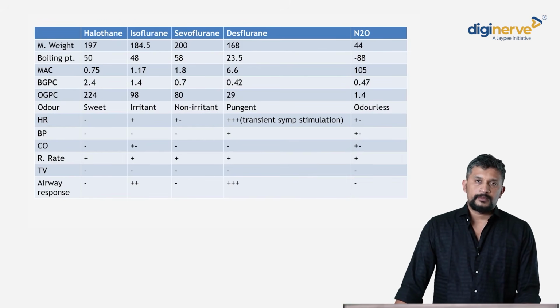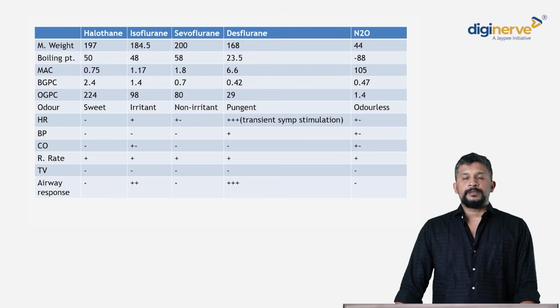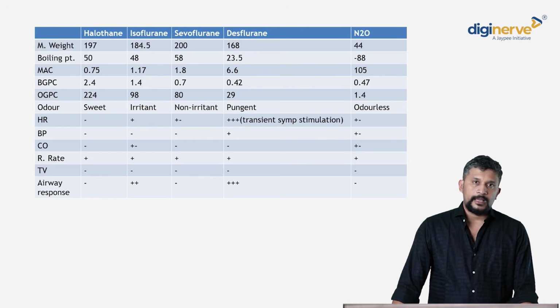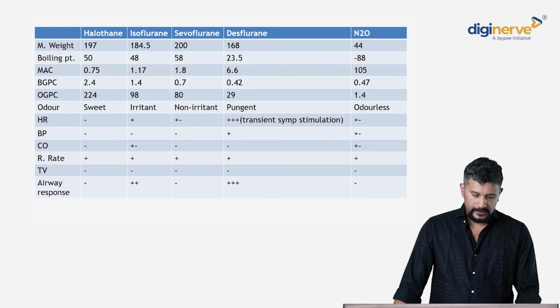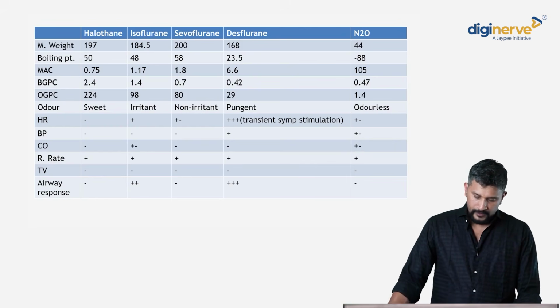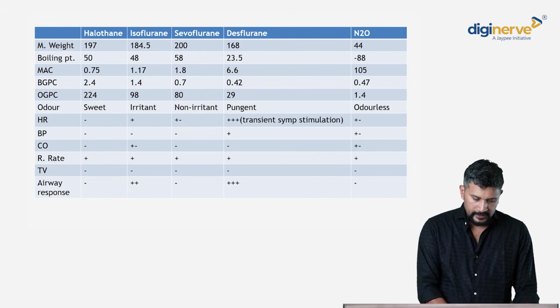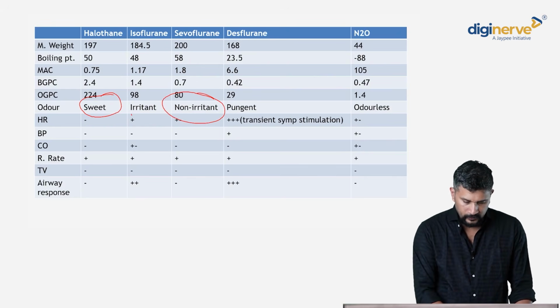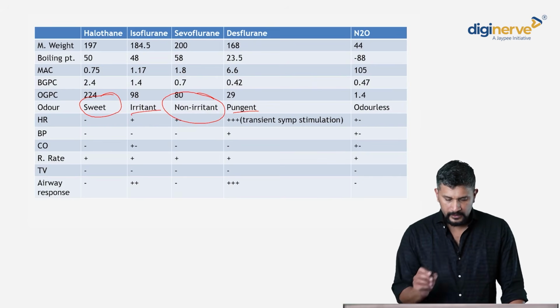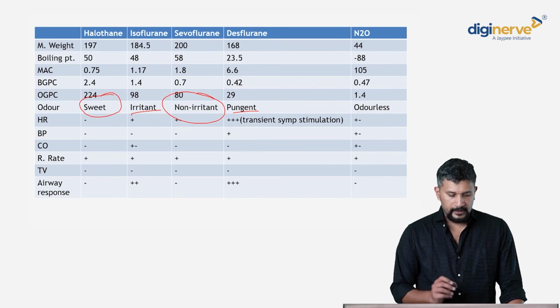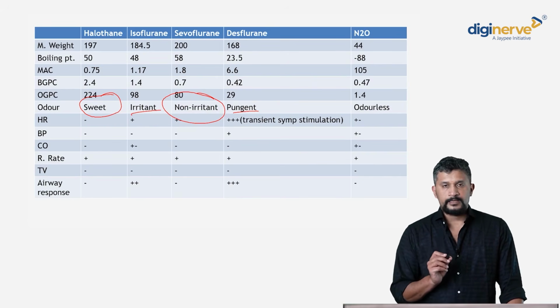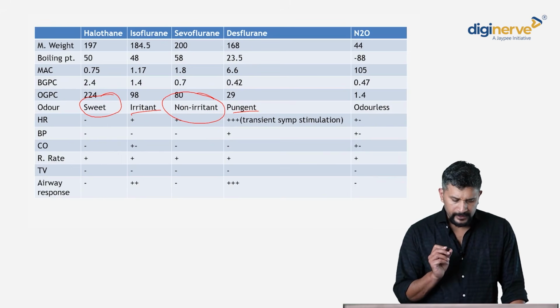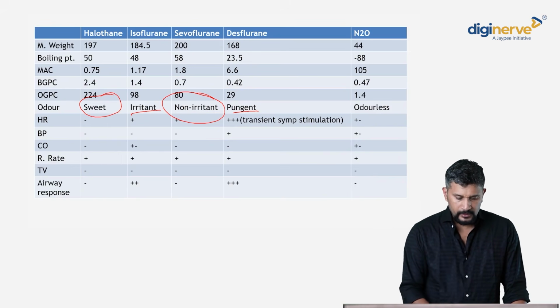So you would want something which is not irritant to the respiratory tract and which has a fast onset and offset of action. We all know that halothane and sevoflurane are the ones which are non-irritant to the respiratory tract. Isoflurane and desflurane, however, are irritant to the respiratory tract, and the onset and offset of action is determined by the blood gas partition coefficient.